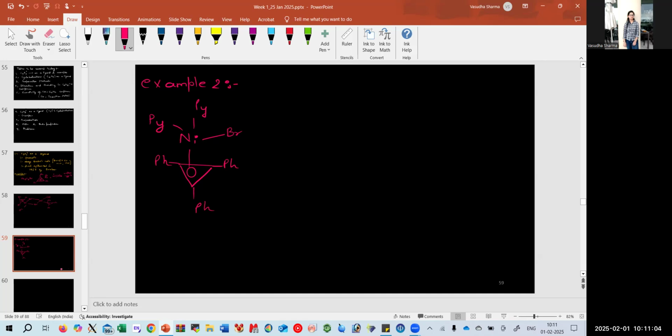If you look carefully, pyridine is a 2 electron donor, its lone pair attacking the nickel. So 2 is coming from pyridine 1, then 2 from pyridine 2: 2 electron, 2 electron, 1 electron.